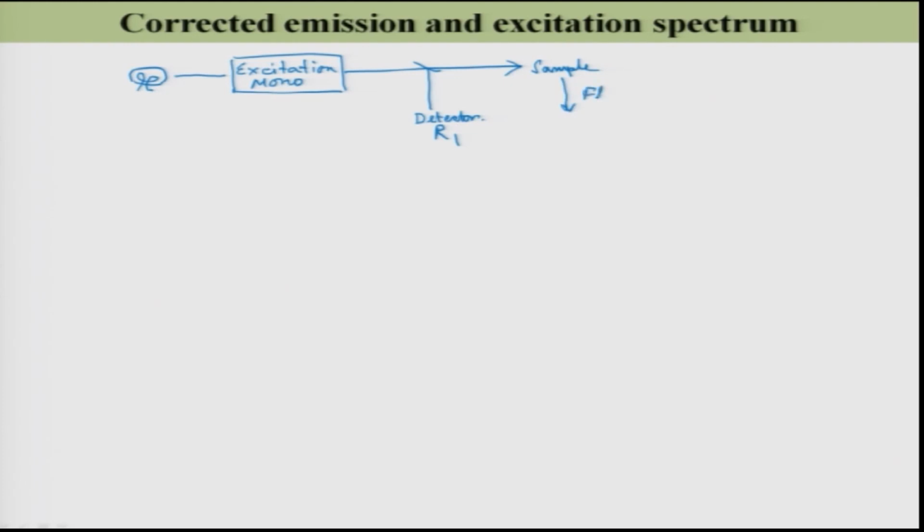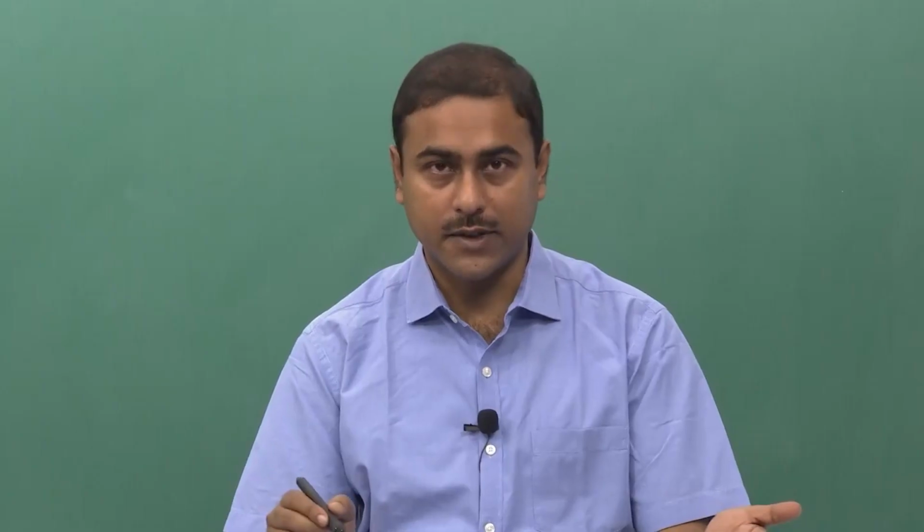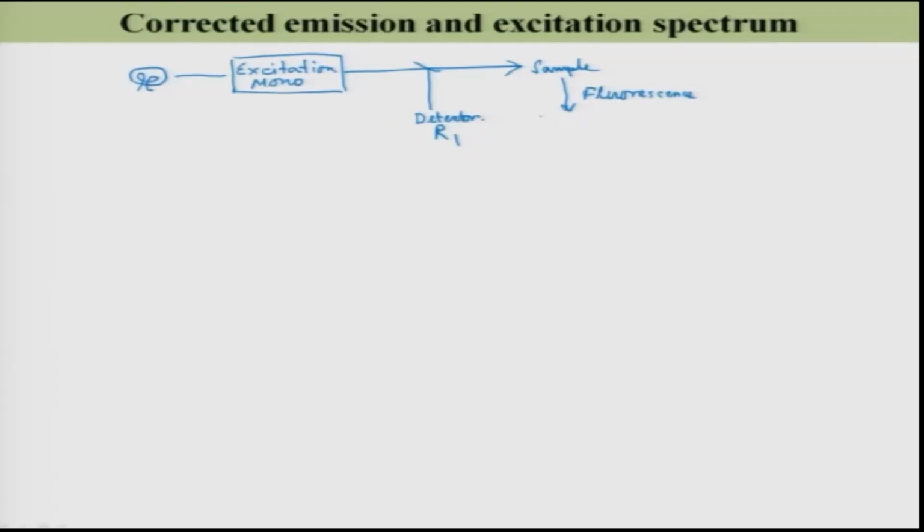So, here is your fluorescence, and I have the emission monochromator over here, because you need to disperse the fluorescence to measure the intensity of each and every wavelength out of it. So, here is your emission monochromator, and then the selected wavelength out of this emission monochromator is directed to the detector.